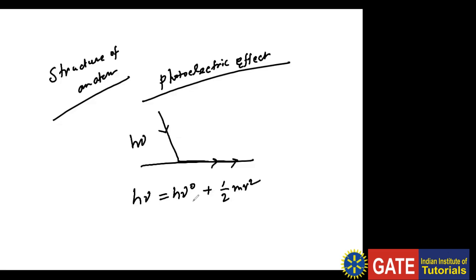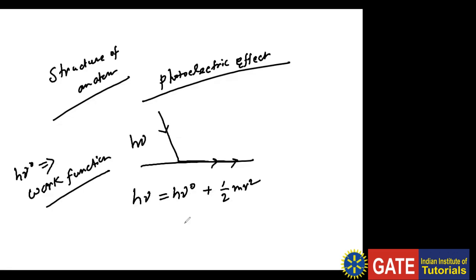So what is hν0? Note it down, that is called the work function. Suppose your friend came to your place and told you, let's go out and have some food. That means you need some energy.